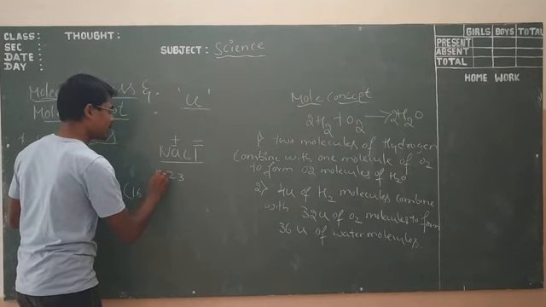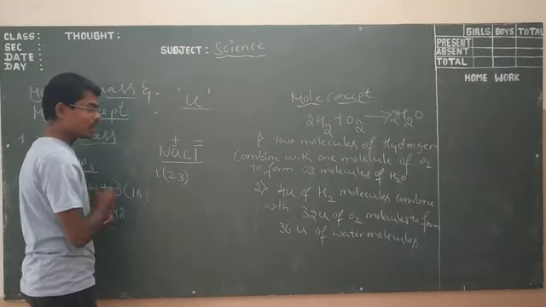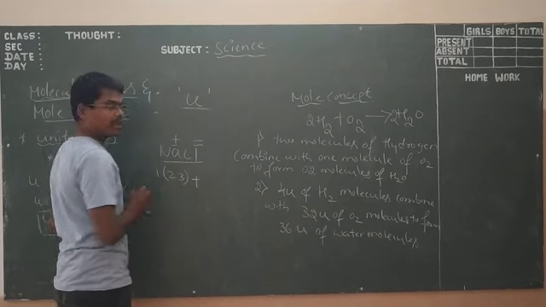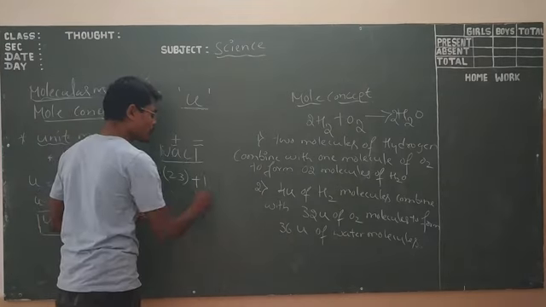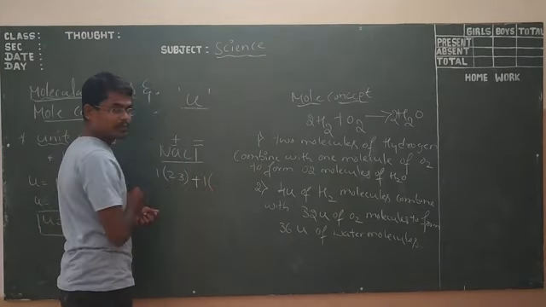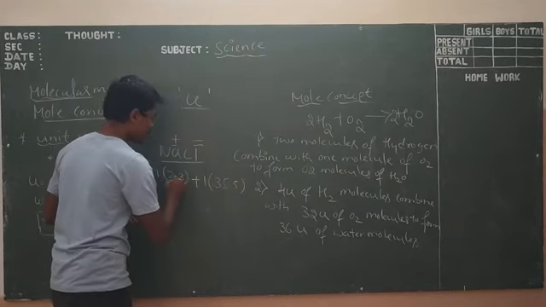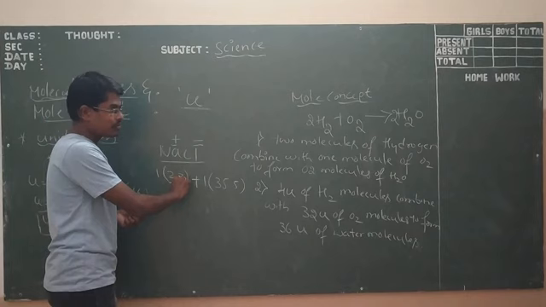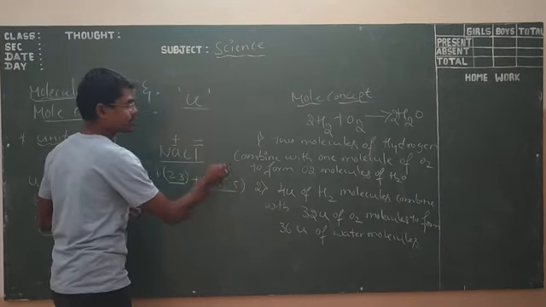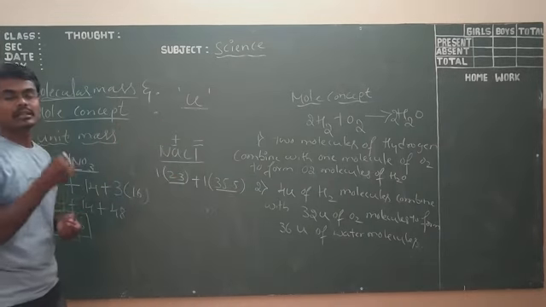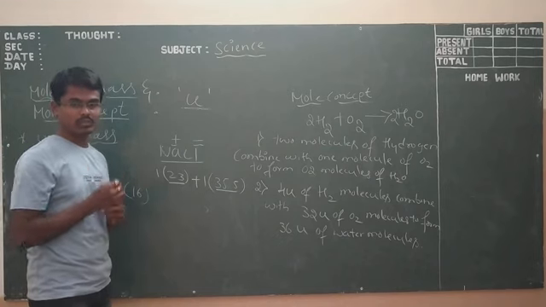Take it like this: 1 into 23 plus, and how many atoms are there in chlorine? Only one atom. And what is the atomic mass of chlorine? 35.5. The atomic masses of sodium, chlorine and different elements are given in the textbook table.